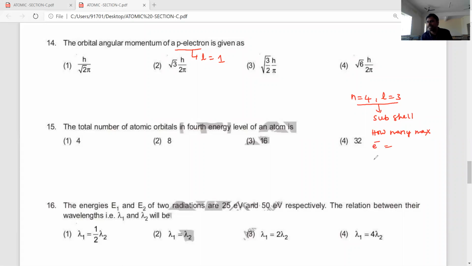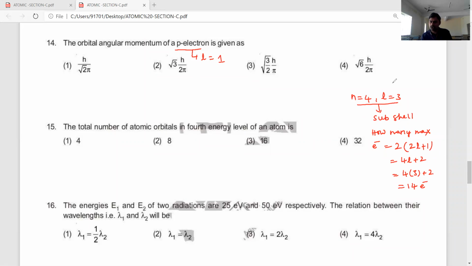In a subshell, the maximum number of electrons formula is 2 into (2L plus 1), which is 4L plus 2. Just substitute the L value: 4 into 3 plus 2 is equal to 14 electrons. This is formula based.